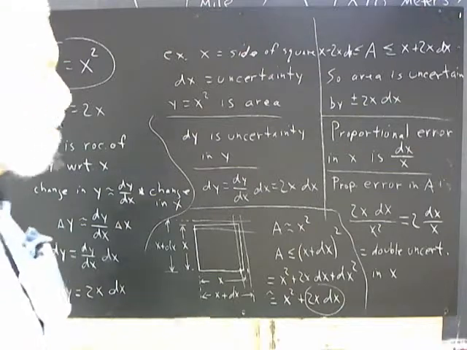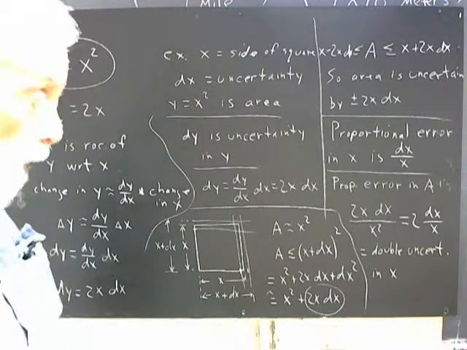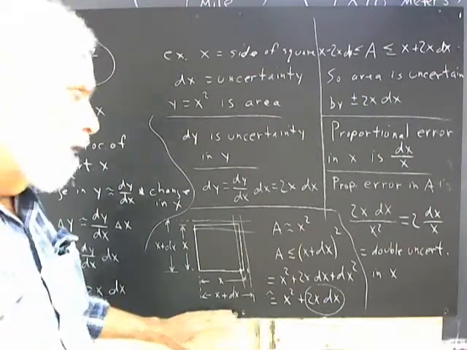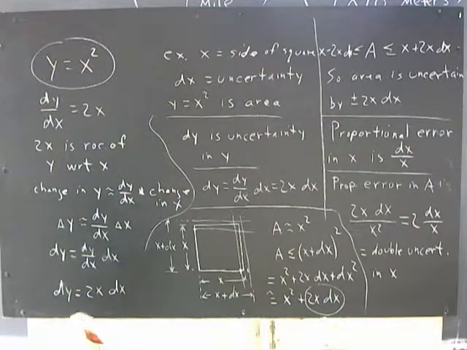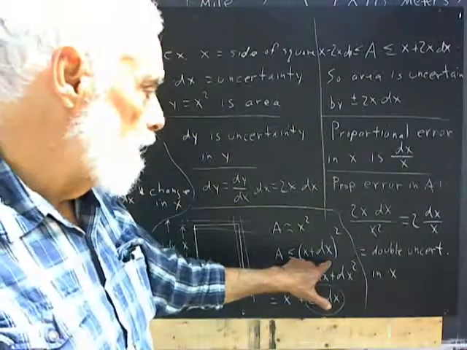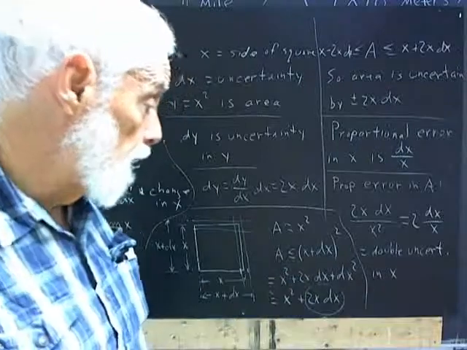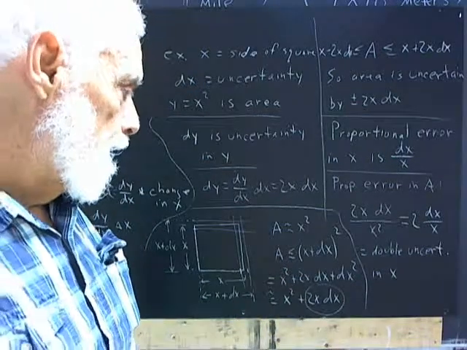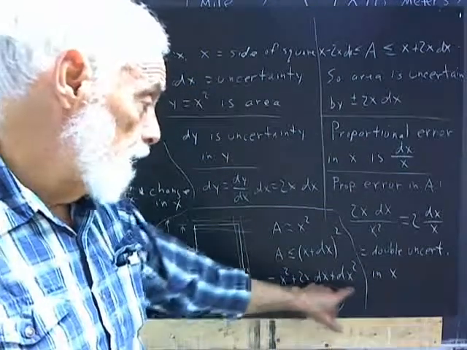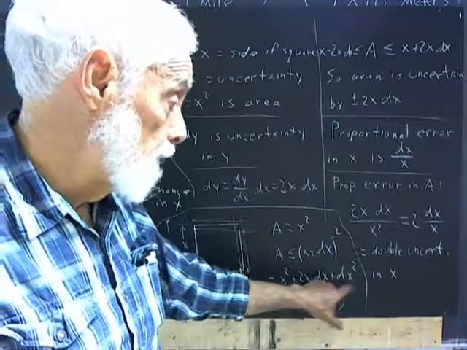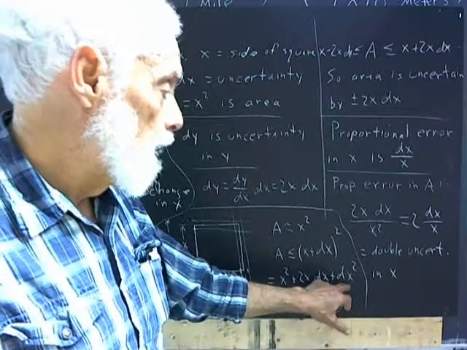Now sometimes we have a little fuzziness with that idea too, but let's make it concrete by saying that for the moment. Okay, so A is less than or equal to (x + dx) squared. We can square x plus dx, and we get this expression, x squared plus 2x dx plus dx squared.